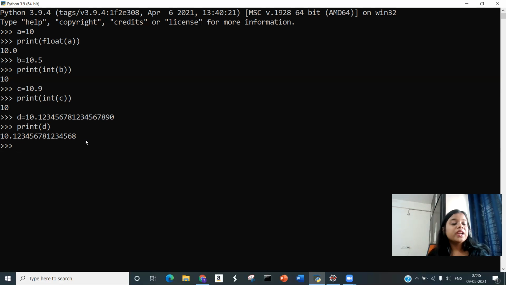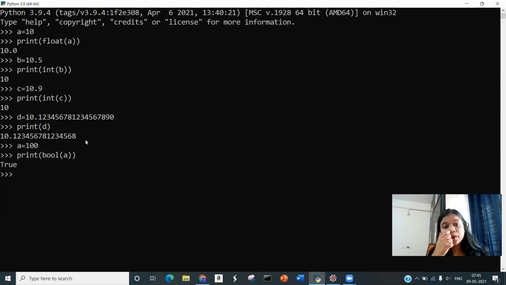Now, we can transform between float to integer and integer to float. To boolean we cannot convert anything, but what we can do is take a value 100 and print bool of that, and let's see what happens. Okay, so we got True because a equals 100.